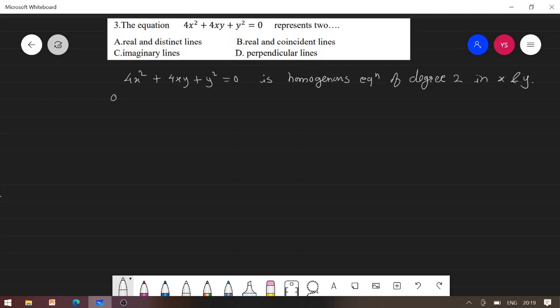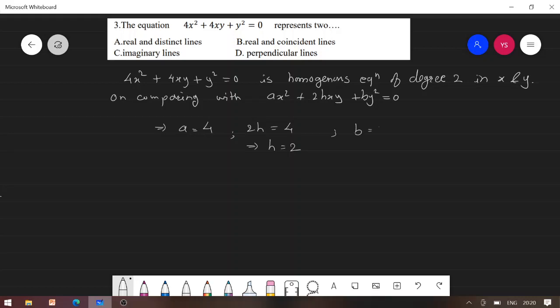So on comparing with ax square plus 2hxy plus by square equals 0, the value of a becomes 4, twice h becomes 4, that implies h becomes 2, while b equals the coefficient of y square as 1.